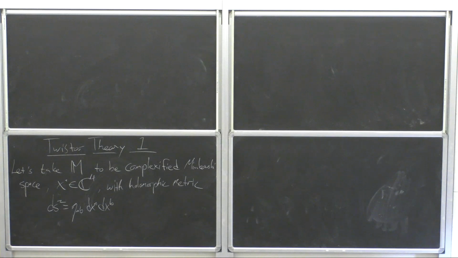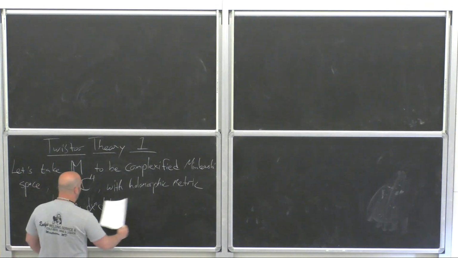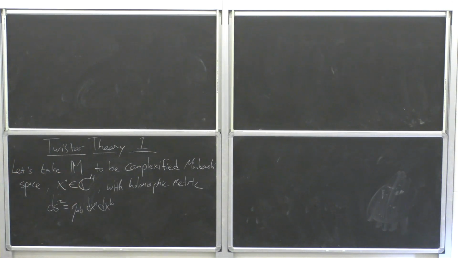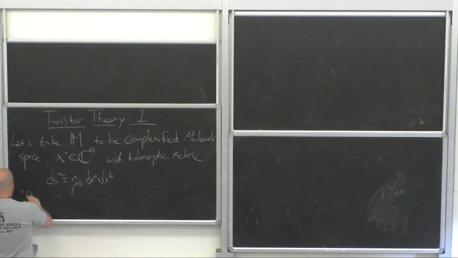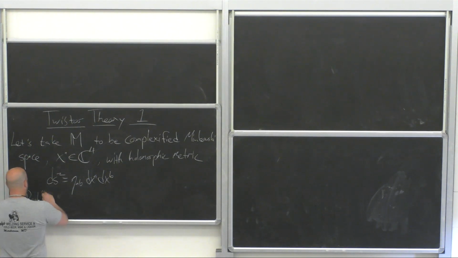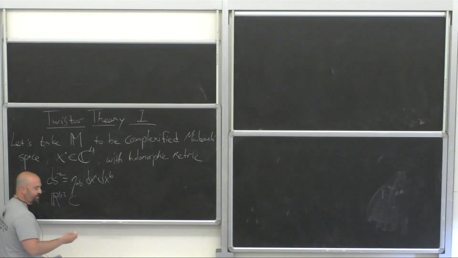Okay, so it's just Minkowski space, but I let the coordinates take on complex values, and holomorphic because I don't put bars over everything. So when I write blackboard bold M, I mean I'm thinking of this complexified Minkowski space and real Minkowski space.